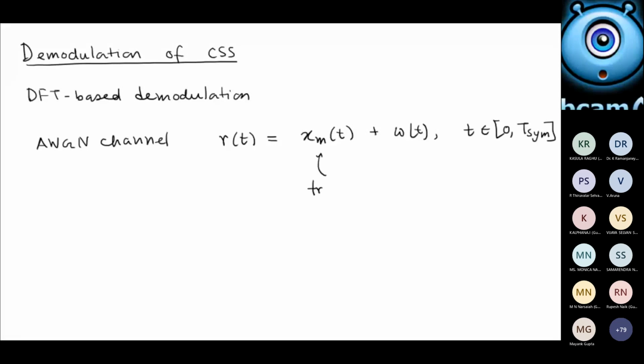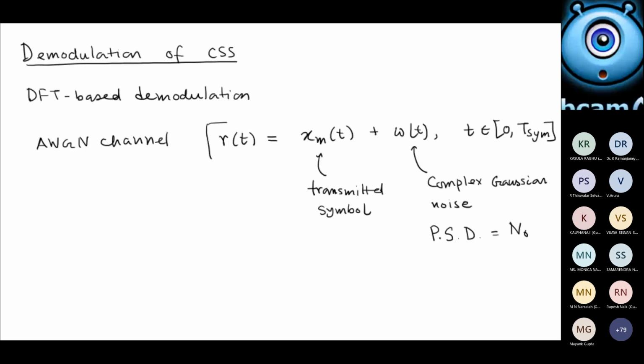So this x m of t is the transmitted symbol, and this w of t, the noise component, since we are considering an AWGN channel, is a complex Gaussian noise waveform. We will assume that its power spectral density is equal to N naught.